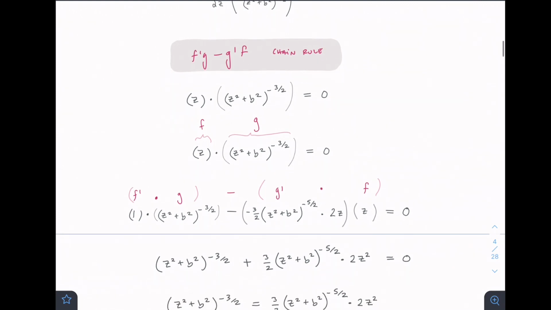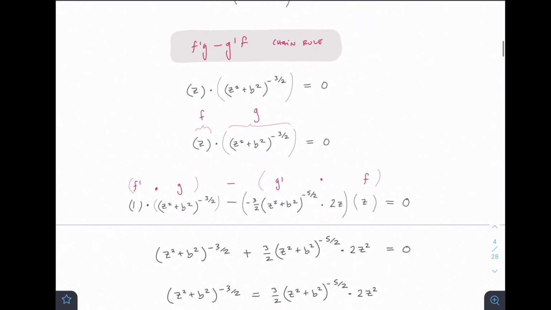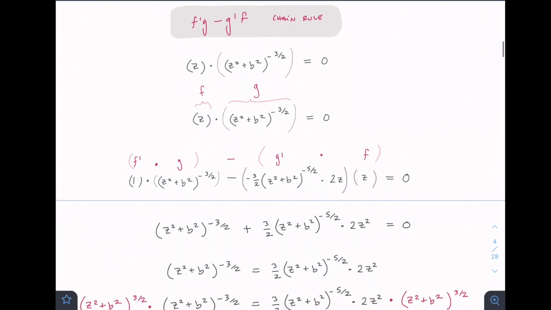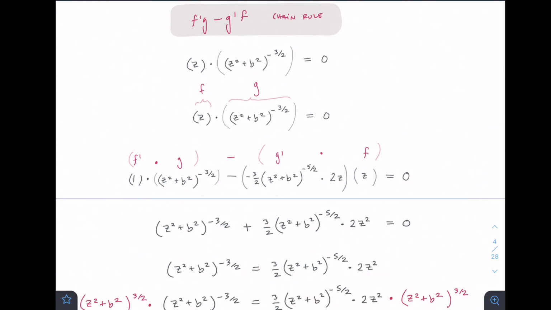Then minus g prime, the derivative of this part, multiplied by f, which is z. In this case the prime represents a derivative. I know some of these charged elements have a little prime notation, but you should be able to tell the difference from context. It should hopefully be obvious, and if it's not, I will really point it out.